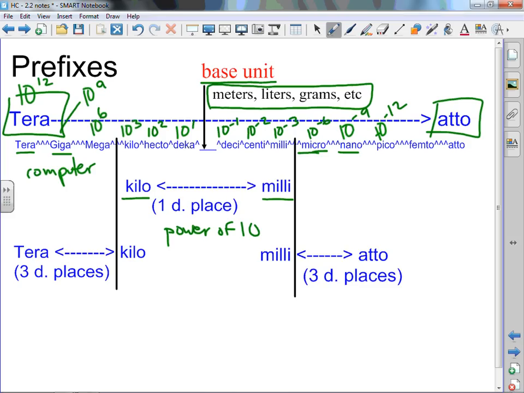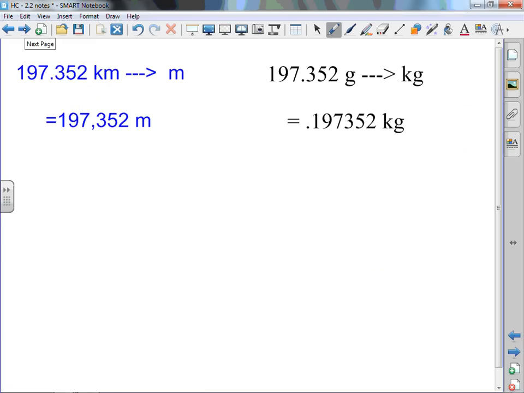Just a very simple calculation here that we can look at. At the top here, 197.352 kilometers, and we want to convert it to meters. Or we could say 197.352 grams, and we want to convert to kilograms.